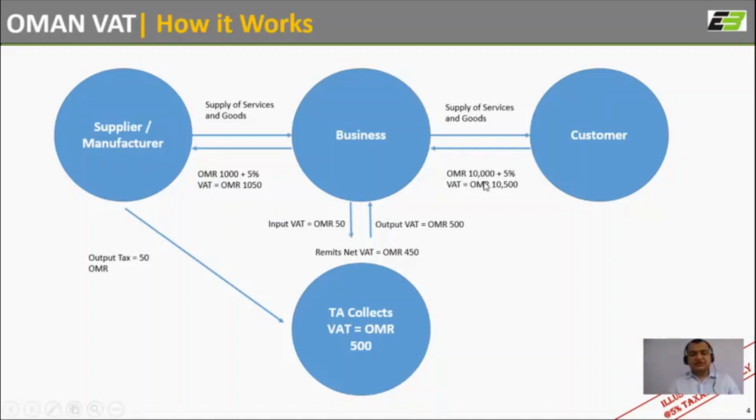Now we sell these finished goods to our end customer at 10,000 Omani Riyals, and VAT at the standard rate of 5% comes to 500 Omani Riyals, and hence the output VAT is 500 Omani Riyals. The net liability for us is to remit 450 Omani Riyals to the government authorities. That is 500 Omani Riyals output VAT less the input VAT credit available of 50 Omani Riyals.